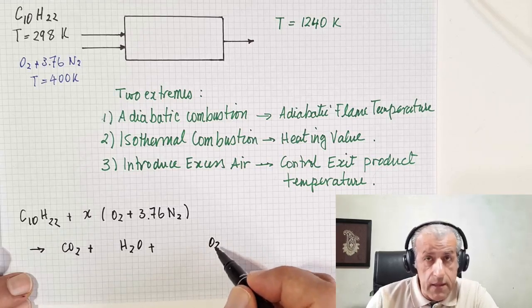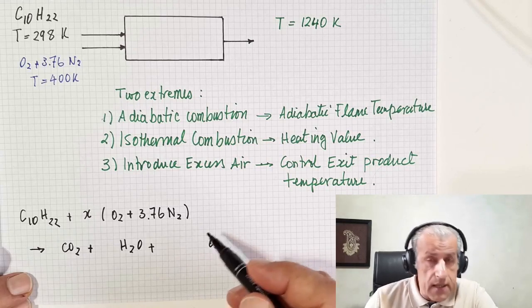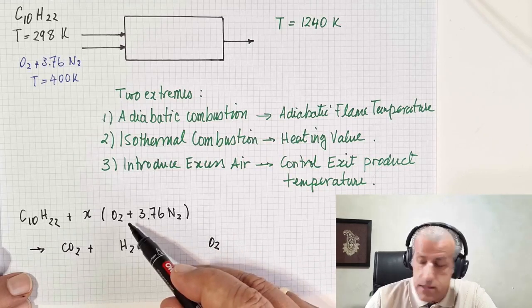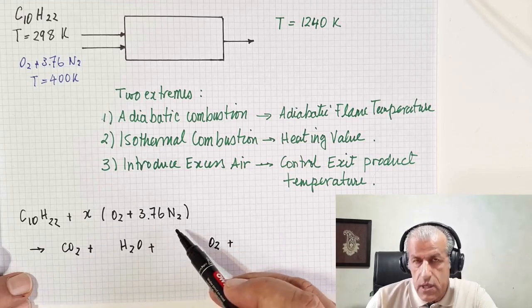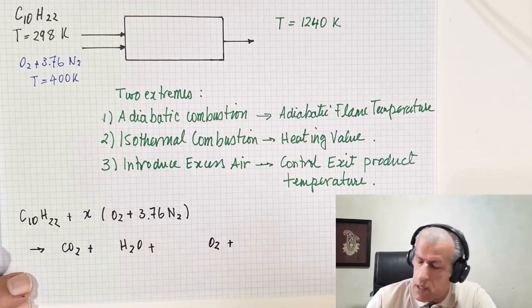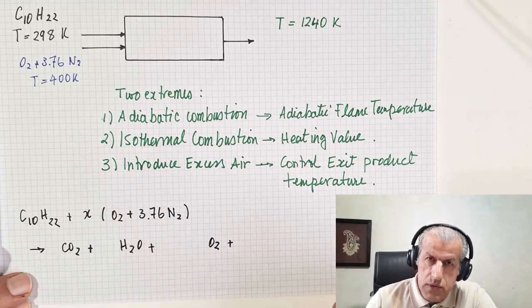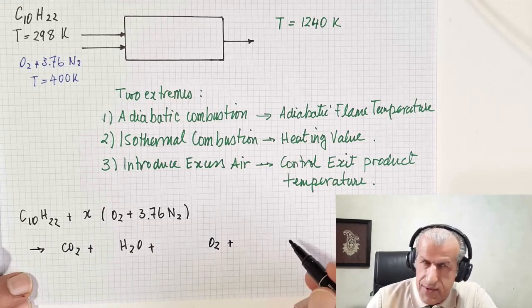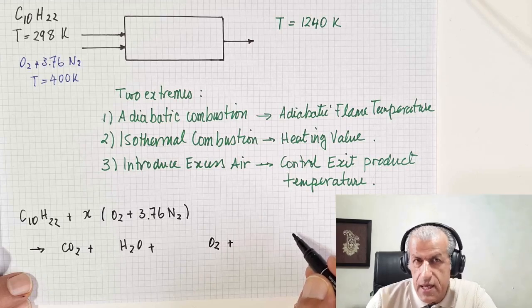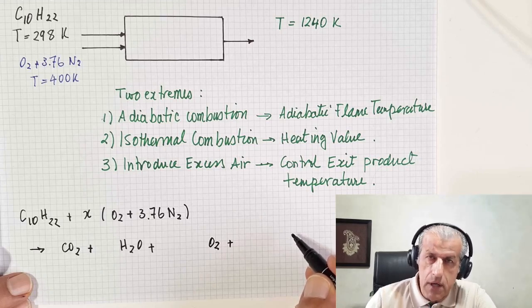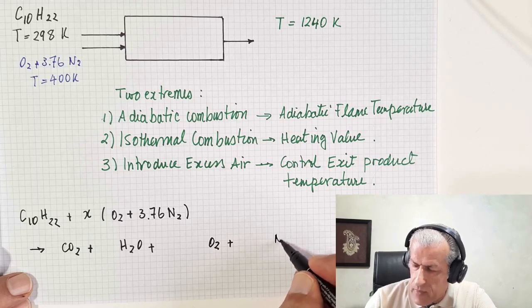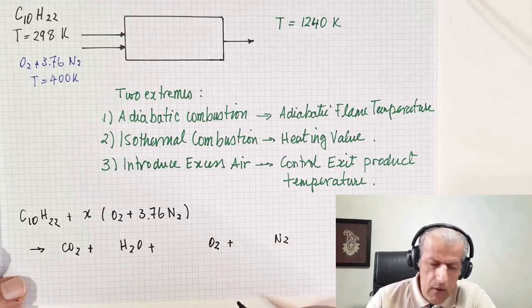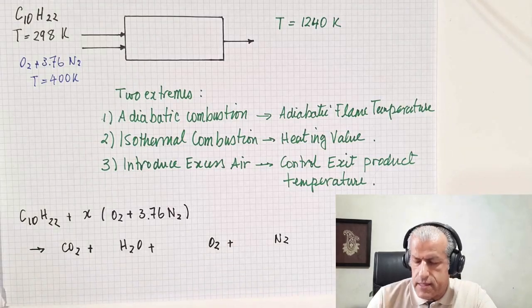There would certainly be some excess O2 since there is excess air, plus whatever nitrogen enters from one side also goes unattended to the other side. It means that it doesn't enter our combustion process. So O2 plus N2.